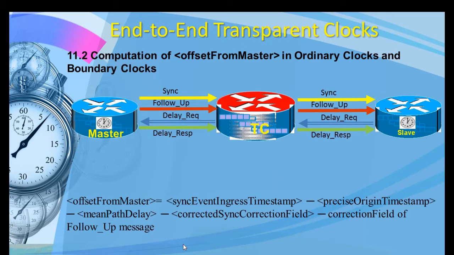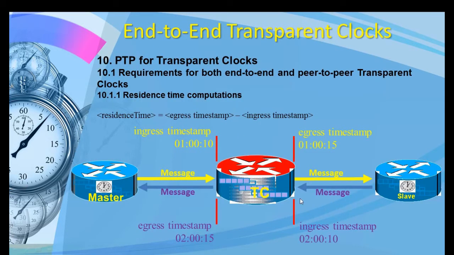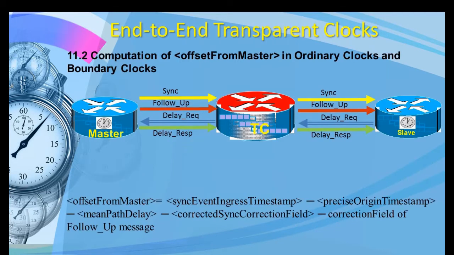So this is how to make timestamps on the transparent clock. So for the slave side, how to adjust the local clock to follow the master side.